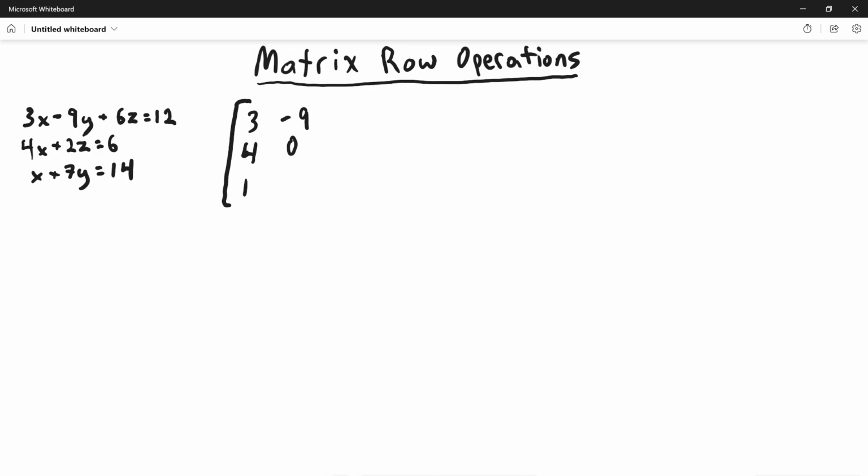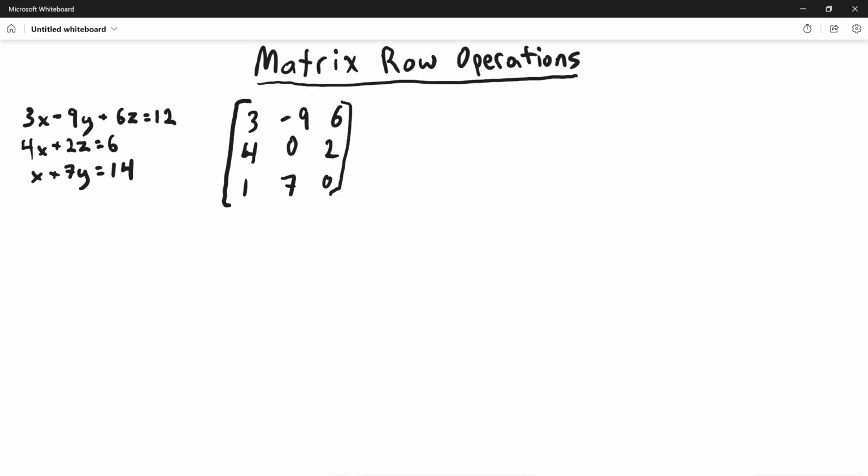And in our last equation we have a 7. So our next column, we have 6z, there's 2z in our second equation, and there's no z in our third equation. So that is what our coefficient matrix looks like.